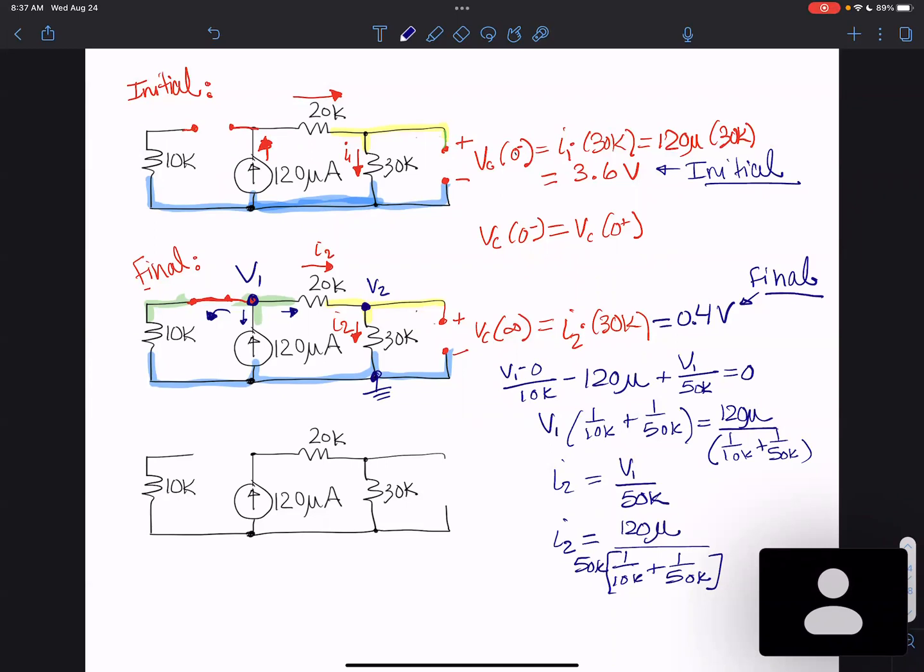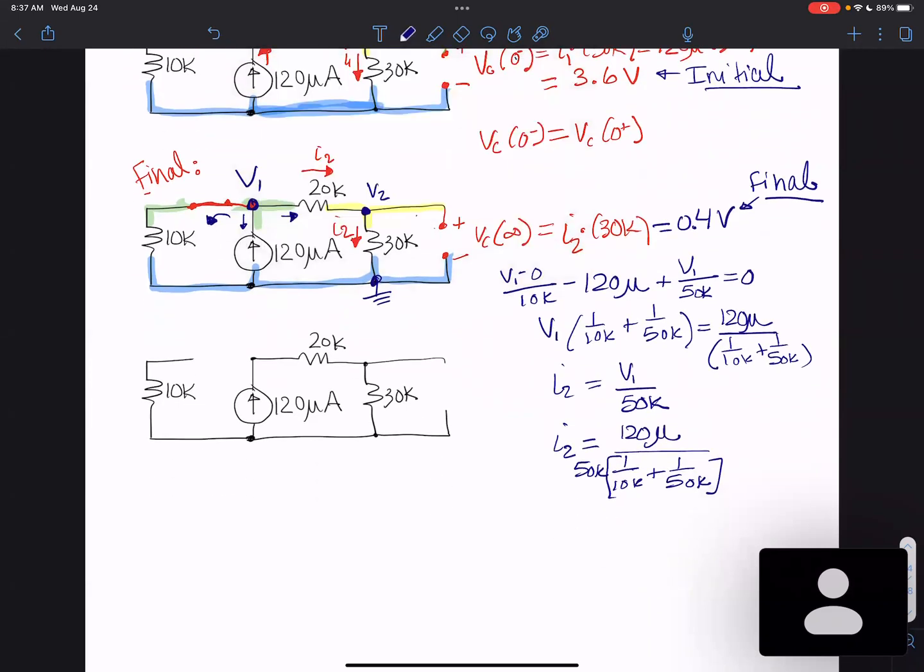For tau, I like to do it at the final value stage. That final value stage was, this was closed again. Now I'm just trying to find the Thevenin for this, which is the goal of RTH you need to find for tau.